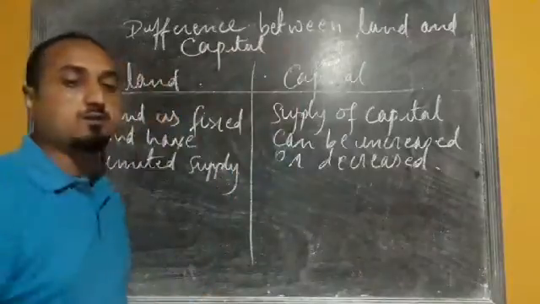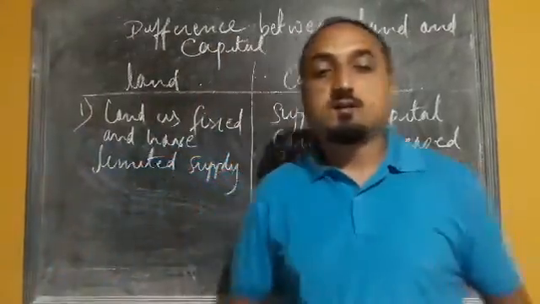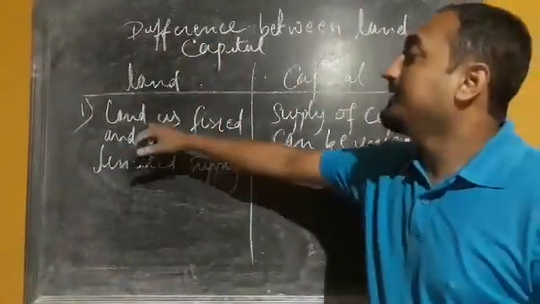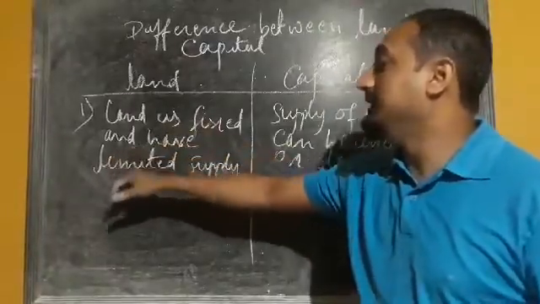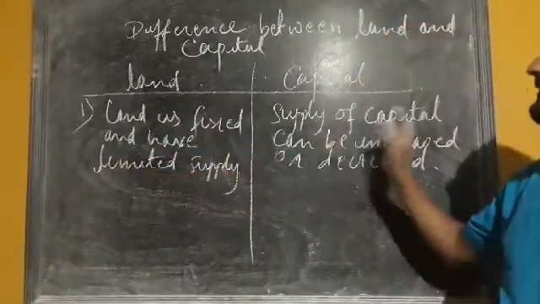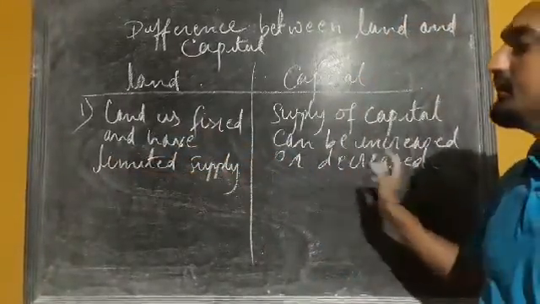So that is the first difference. Land is fixed and has limited supply, whereas supply of capital can be increased or decreased.